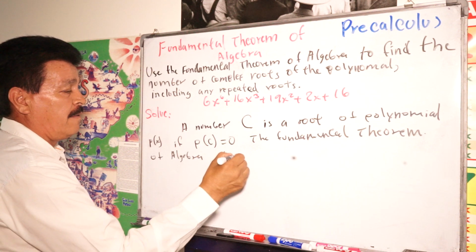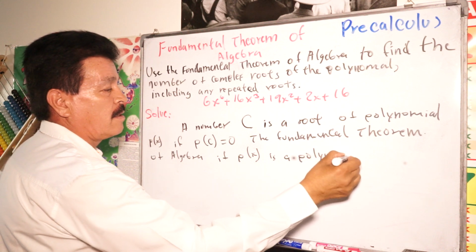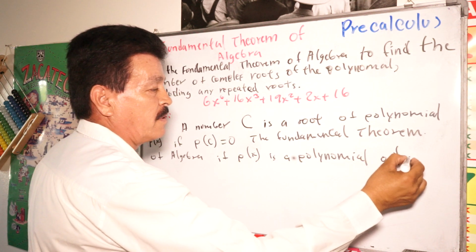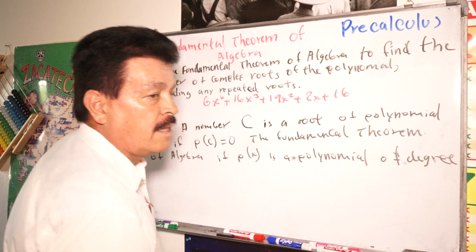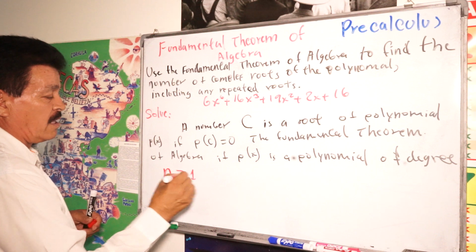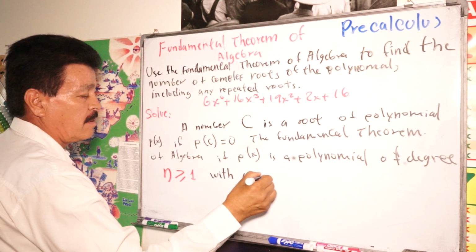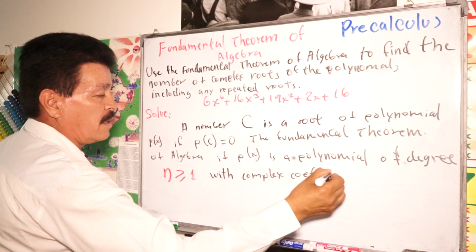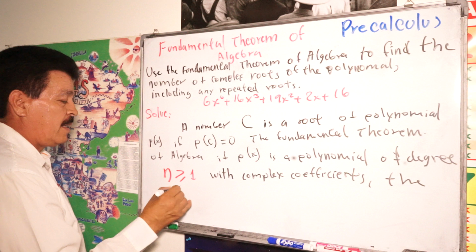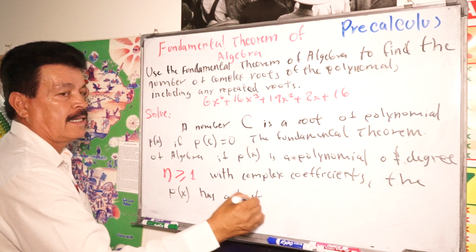is: if P(x) is a polynomial of degree n greater than or equal to 1, and look at this, it is very important, with complex coefficients, okay, then P(x) has at least one complex root.